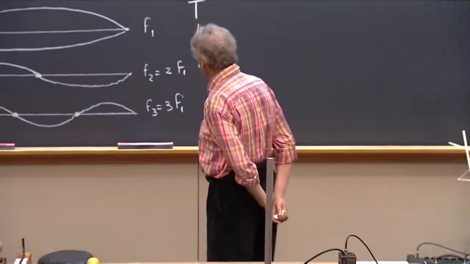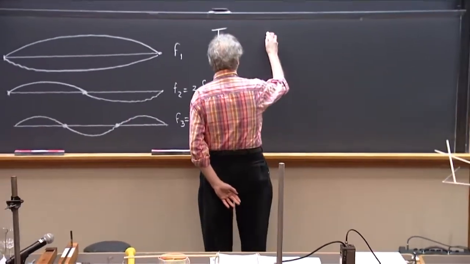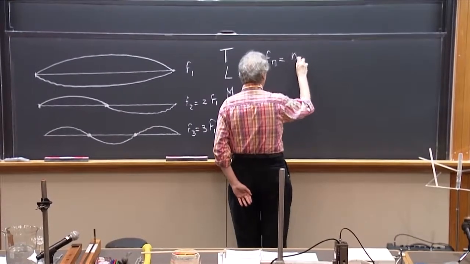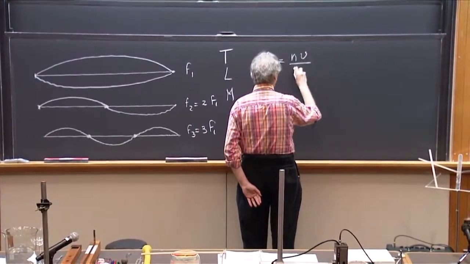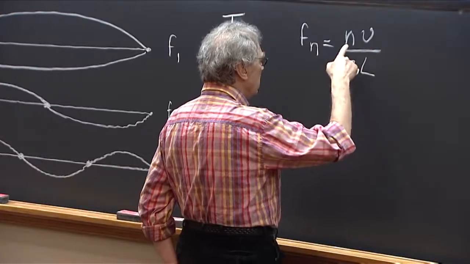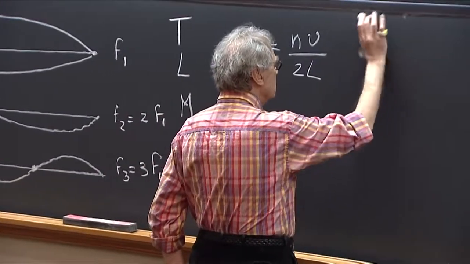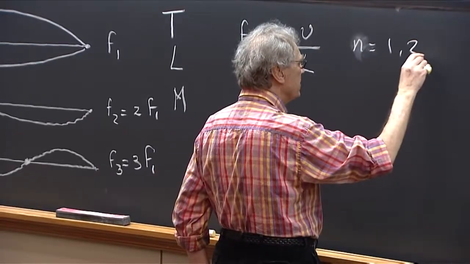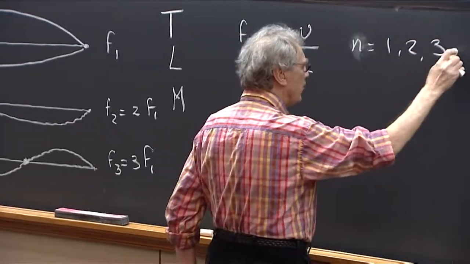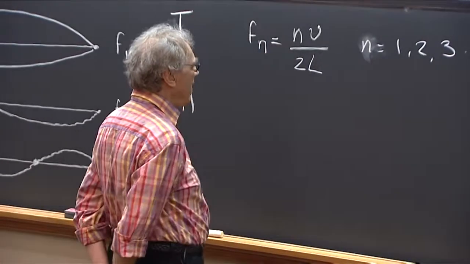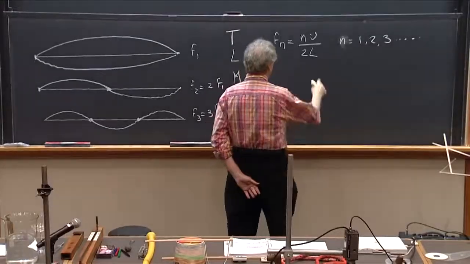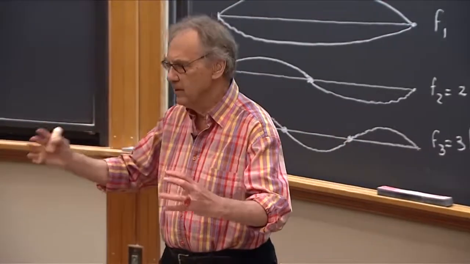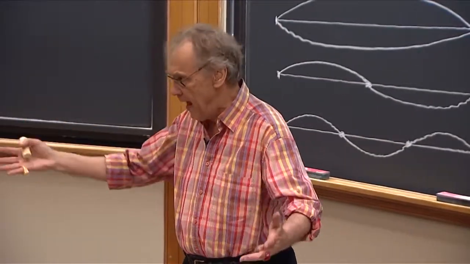Then the frequency of the nth harmonic equals n times v divided by 2L. N can be 1, that is the first harmonic, 2 is the second harmonic, 3 is the third harmonic, etc. V is the speed of sound of the gas inside the instrument, which is obviously air.